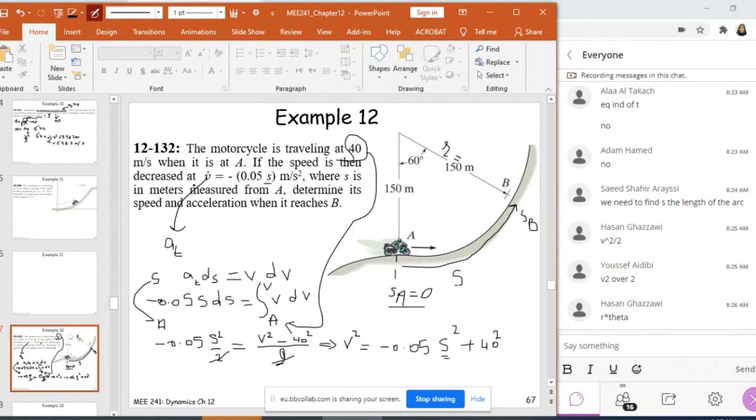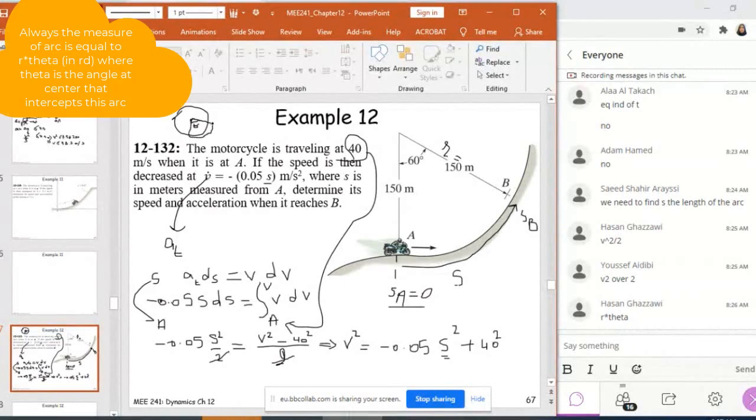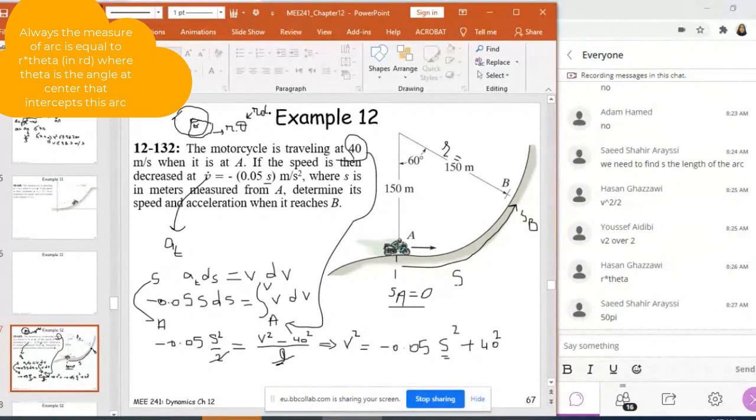And if I have a circle and an angle at the center of the circle, let's say this is theta, then the measure of this arc should be R times theta. While theta, guys, should be in radians and not in degrees, because this is the measure of an arc, right? So this is a very important equation that could be used in this part of this chapter.